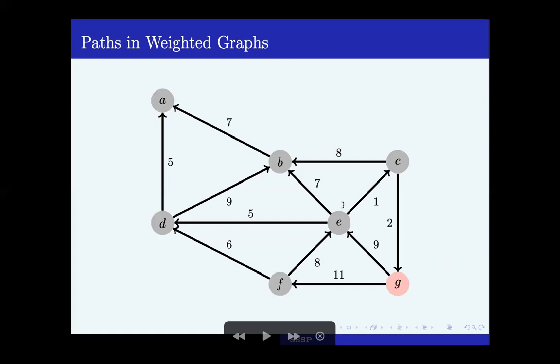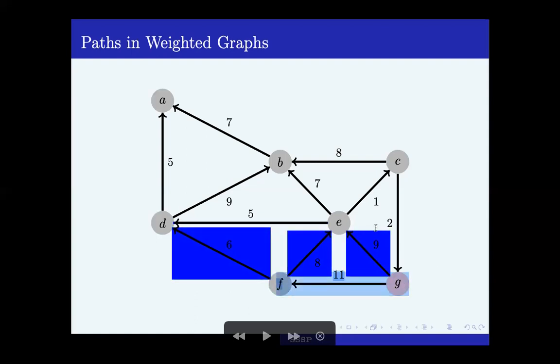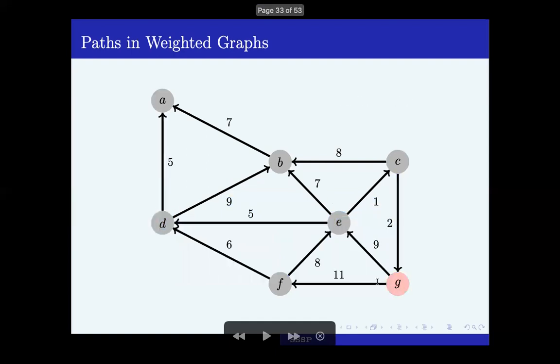But I know that, see, because I am dealing with a positive edge-weight graph, here I have to leave G in some way, right? So if I leave G and I go from G to E, I will incur a cost of 9.